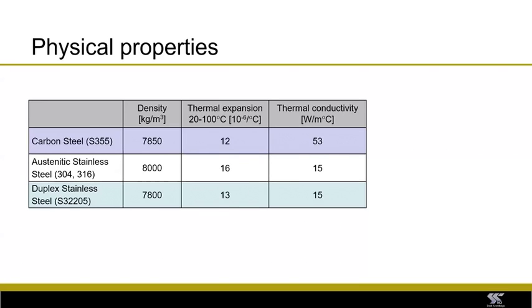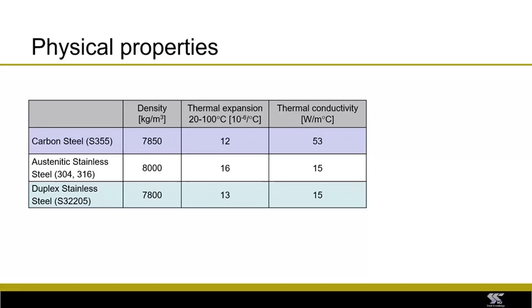Conductivity, well, that's different again. Austenitic and duplex stainless steel, the conductivity is only about 30% that of carbon steel. This is good and this is bad. Materials with low thermal conductivity prevent the transfer of heat. So this helps in achieving enhanced energy efficiency.